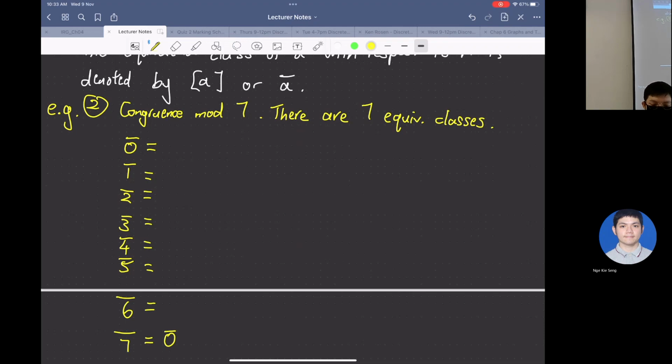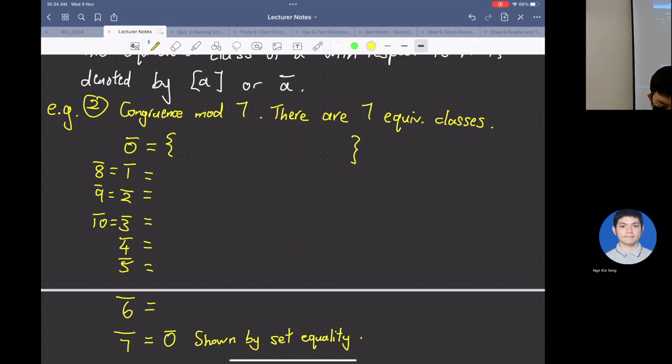This one you can show by set equality. That means if you go again, you will go back to this side, the cycle. So what's contained inside 0 bar?